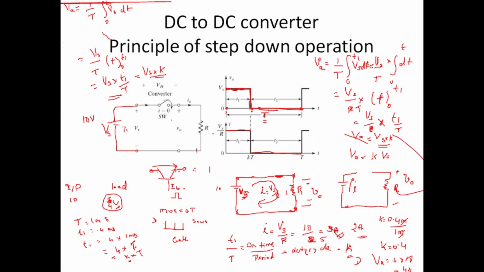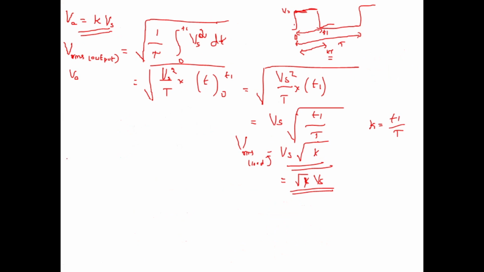So first of all we'll calculate the output power. The output power we'll say is P naught. P out is equal to what?